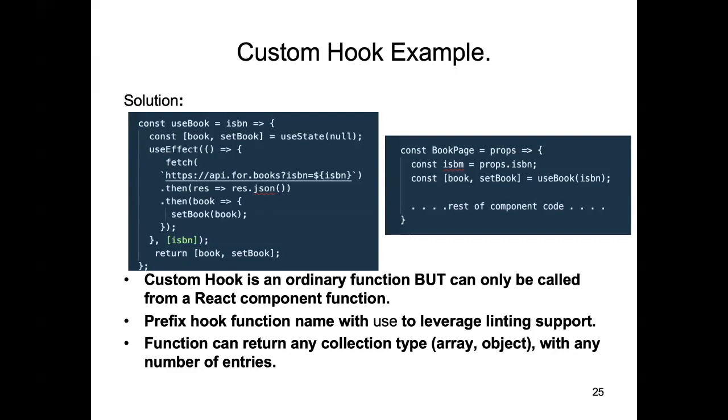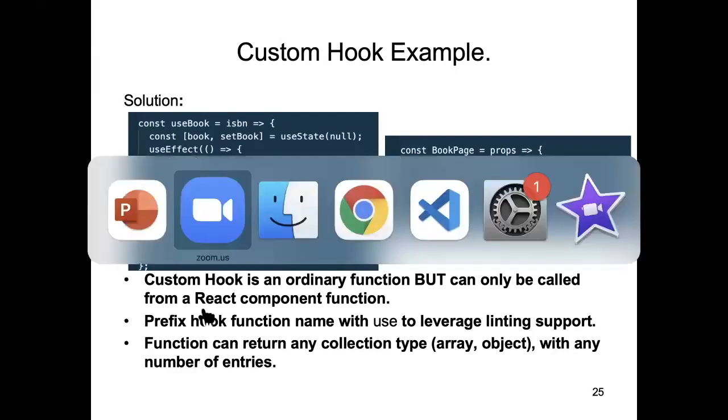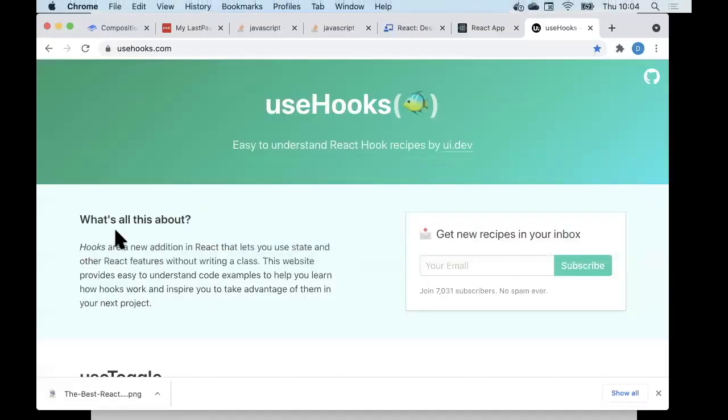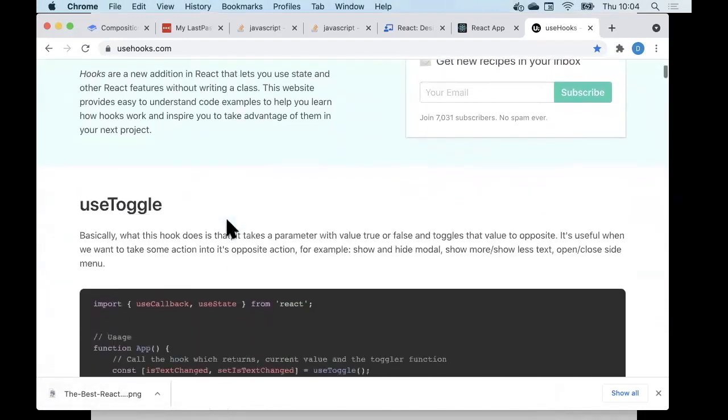There's an interesting website that I came across recently called the useHooks website, and it has some really nice custom hook implementations contributed by various developers across the open source community. You might find a hook in there that you can use in your assignment, maybe not, but it's worth browsing through them anyway.